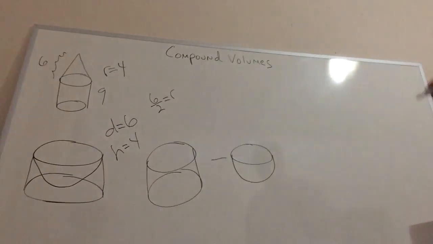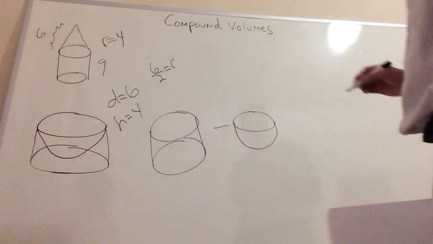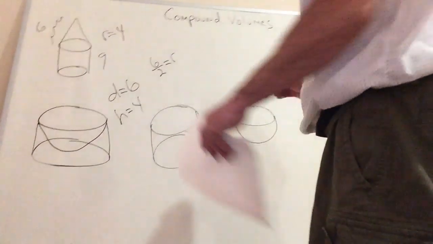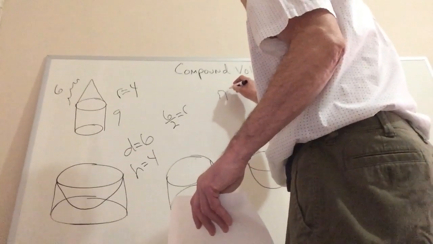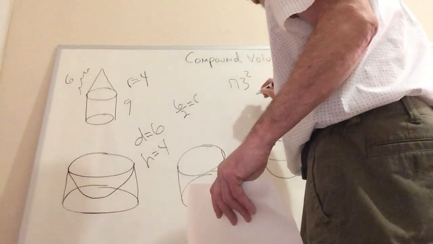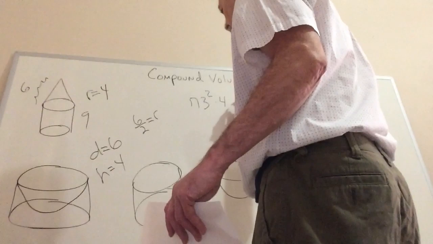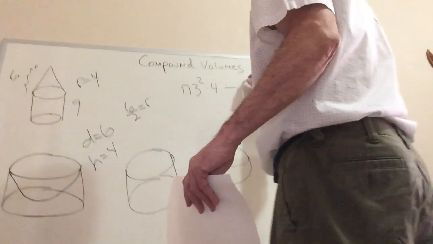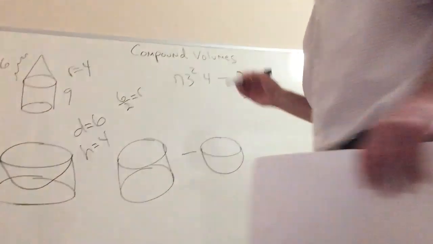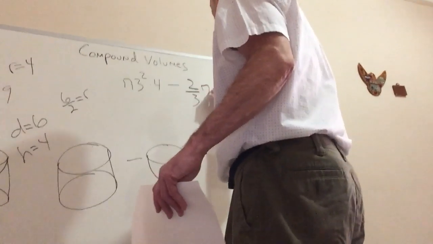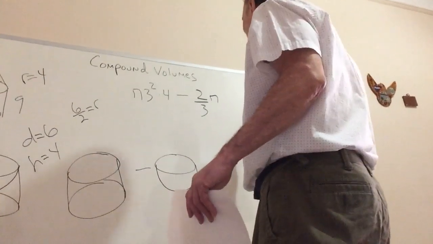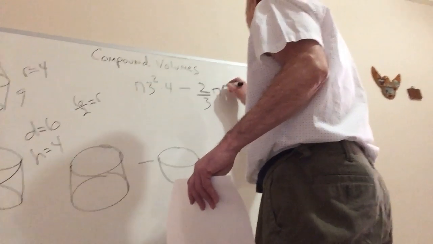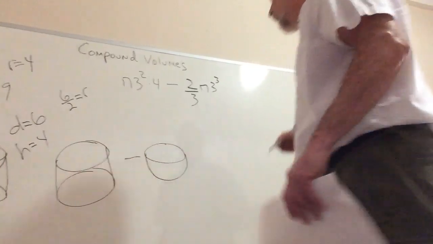So now we do the problem. We begin to put in the data here, and the radius is pi 3 squared times 4 minus, you have to know this, half of 4 over 3 is 2 over 3, and then this becomes your pi, and remember there's no height in a sphere or half a sphere, so that would be pi 3 cubed.